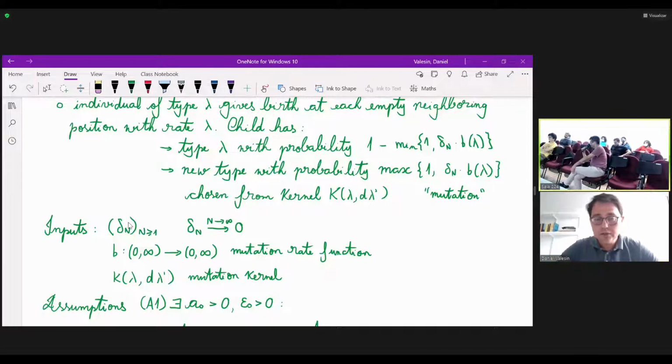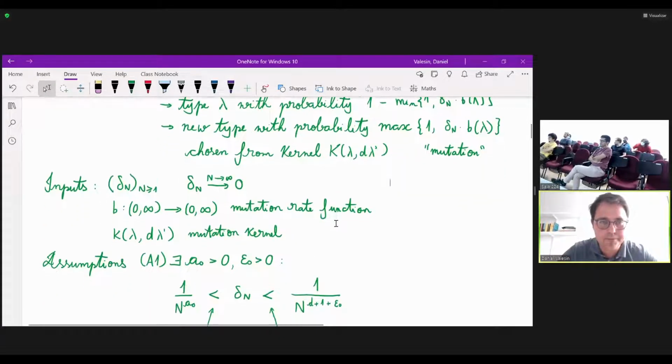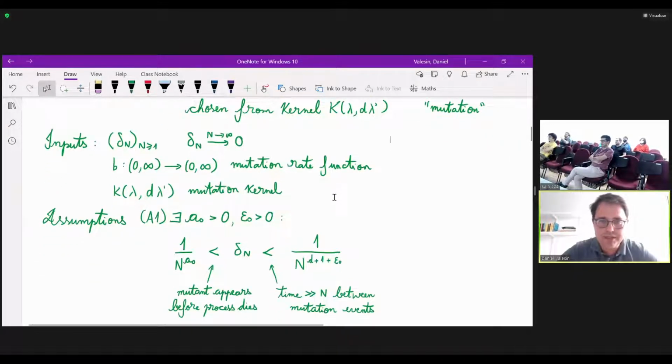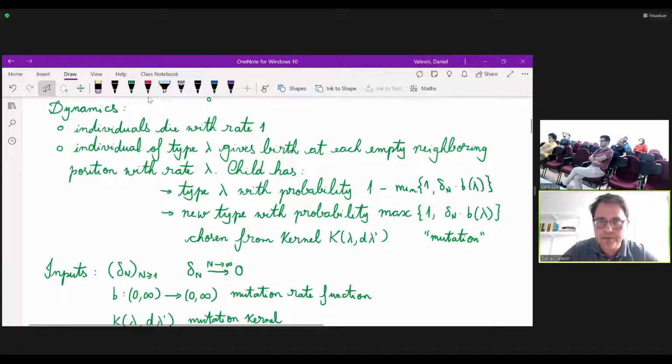Okay, thank you. So let me say now what the assumptions are on these things, but I hope the model is at least clear. There will be two assumptions, first of all about these numbers delta n. These are the numbers that get multiplied by the mutation rate function, and they are going to 0.